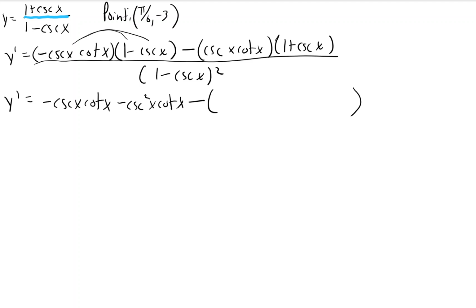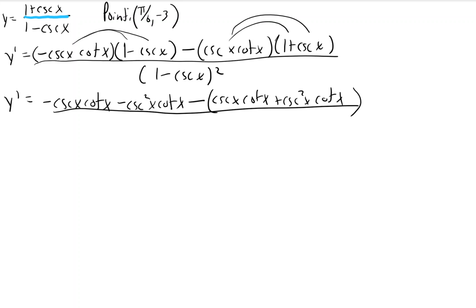Need to make sure I subtract all of this, so I'm putting minus. I'm putting the parentheses right away before I forget, because that's too easy of a mistake to make. So all of this times 1, and this times this. Very similar work. All over this stuff squared.